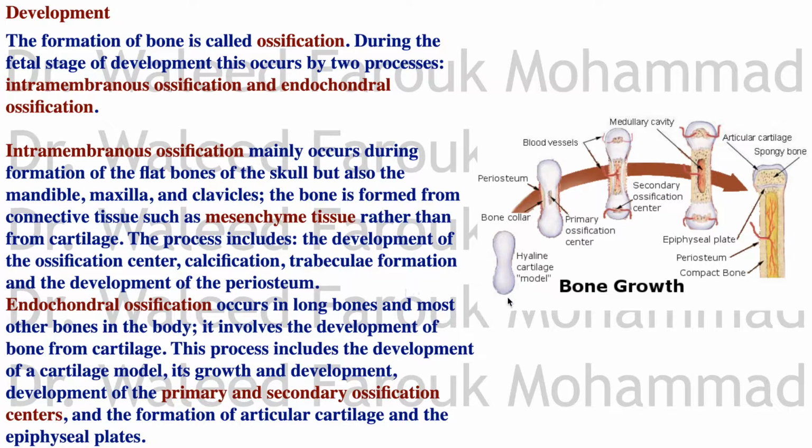As you see here in the process of endochondral ossification, it starts with a cartilage model that develops by ossification into a mature bone, and this is the epiphyseal plate demarcating the epiphysis of the bone from the diaphysis of the bone, and this is the medullary cavity, which is rich in spongy bone and the blood supply.